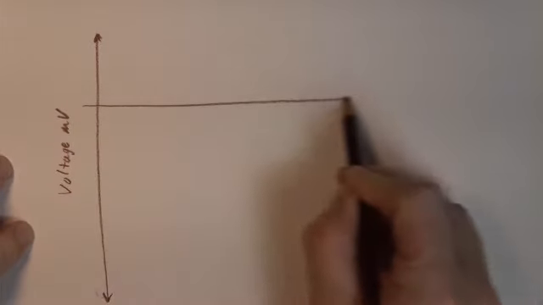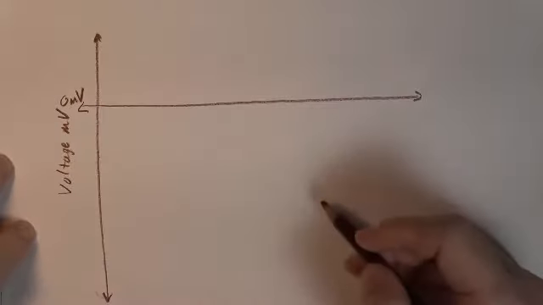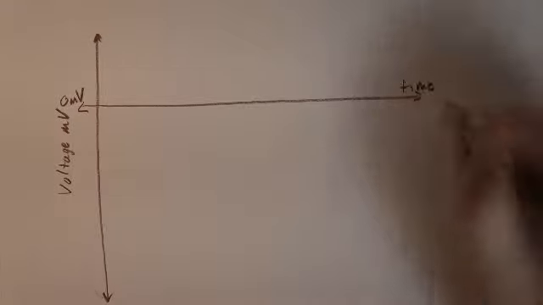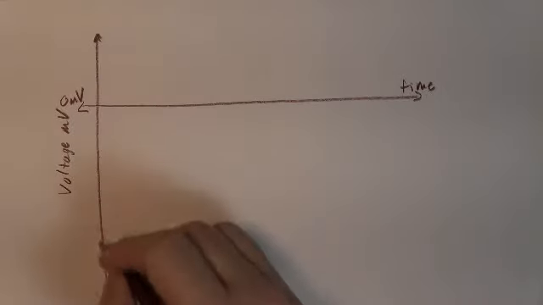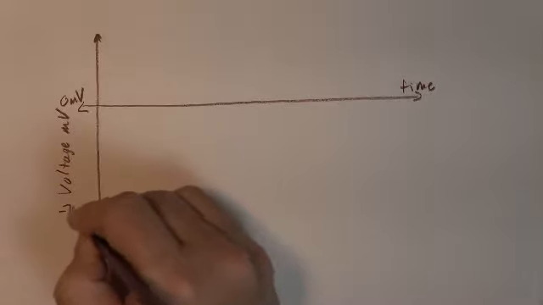And then about here, I'm going to draw a line across. This will represent 0 millivolts. And then this will be time, and I'm not going to write time right there in the middle, because we're going to put the picture here as we go through. Now down here towards the bottom, I'm going to mark this at -70 millivolts.